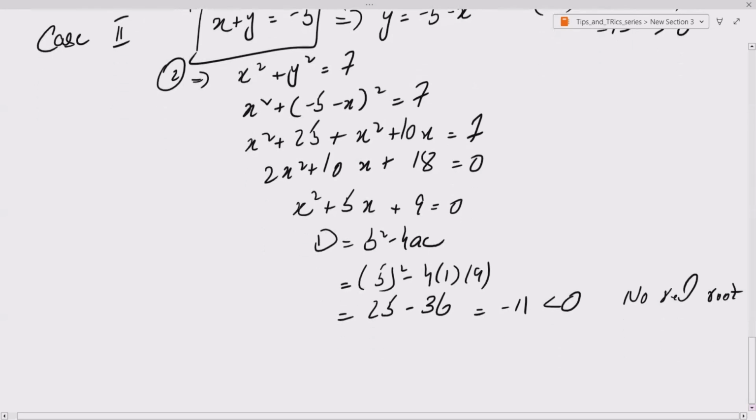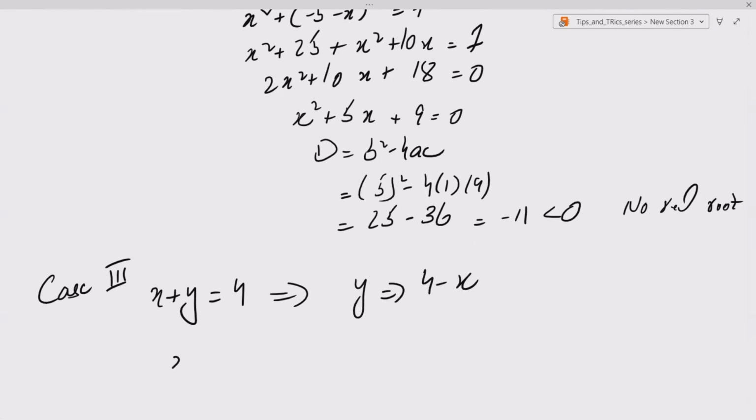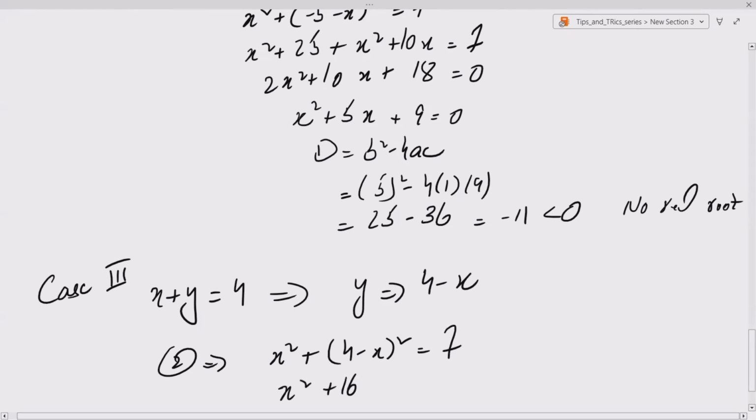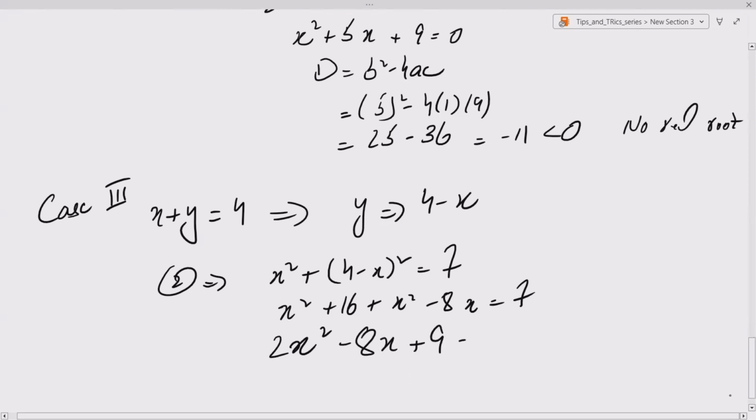Let's check case 3. Case 3 for us is x plus y equals 4, which gives y equals 4 minus x. Again, we use equation 2 to see if x and y are real or not. x square plus 4 minus x whole square equals 7. So we got x square plus 16 plus x square minus 8x equals 7. After simplifying, we got 2x square minus 8x plus 9 equals 0.